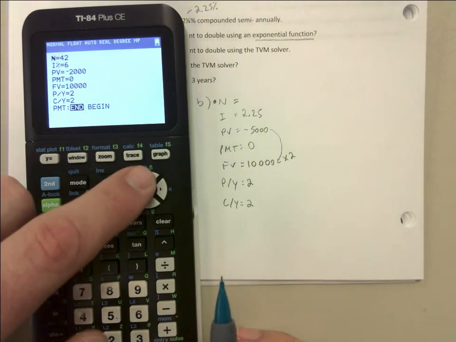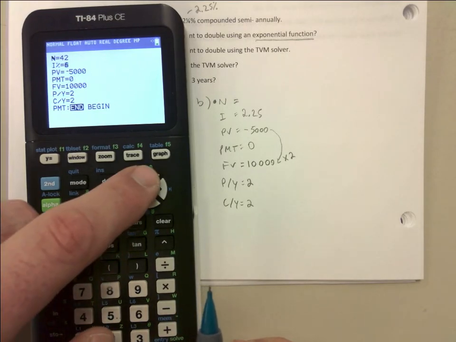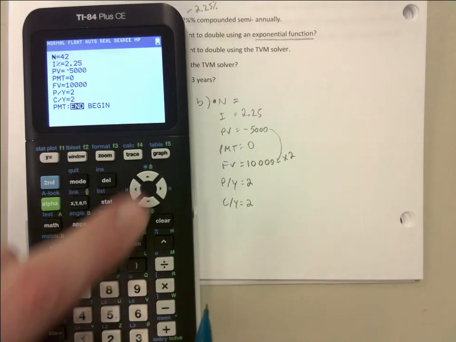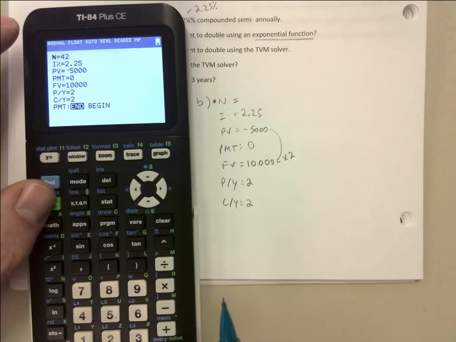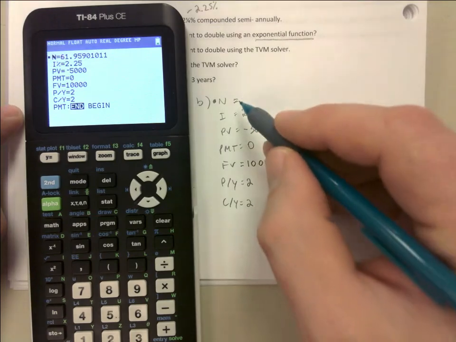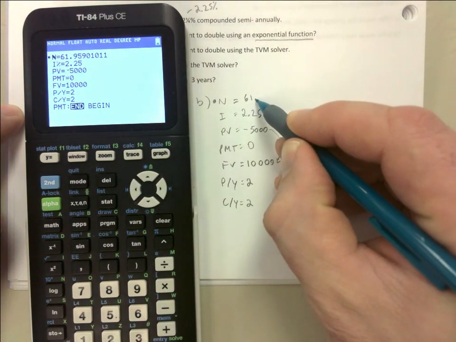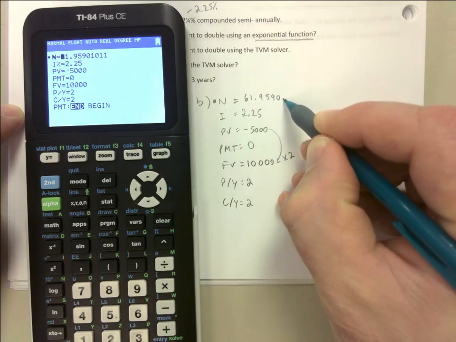You can just overwrite. You don't have to clear, okay? Negative 5,000, 2.25. And I'm going to go to N and solve for it. Alpha, enter. It's 61.9590 something.